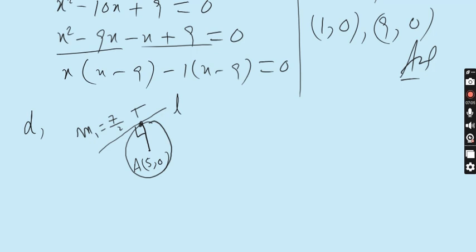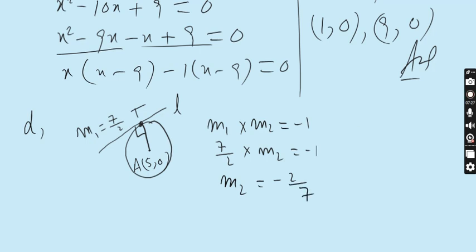So if two lines are perpendicular to each other, then the product of their gradients is always equal to -1. So m1 is given, 7 upon 2, times m2 equals -1, then m2 is equal to -2 upon 7, and you have coordinates of A as (5, 0).